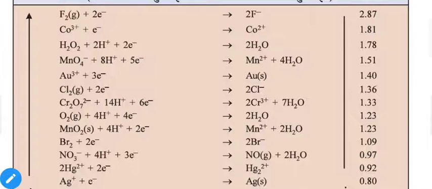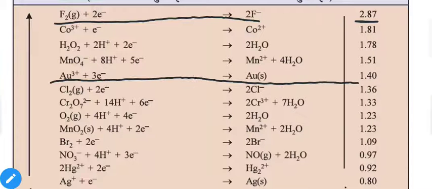These are the values which indicate which element has more tendency to reduce. For the reduction of fluorine, as we can see, the value is 2.87, and for gold the value is 1.4. So it means fluorine has more tendency to reduce than gold. Similarly, we can compare the elements mentioned in brine water.